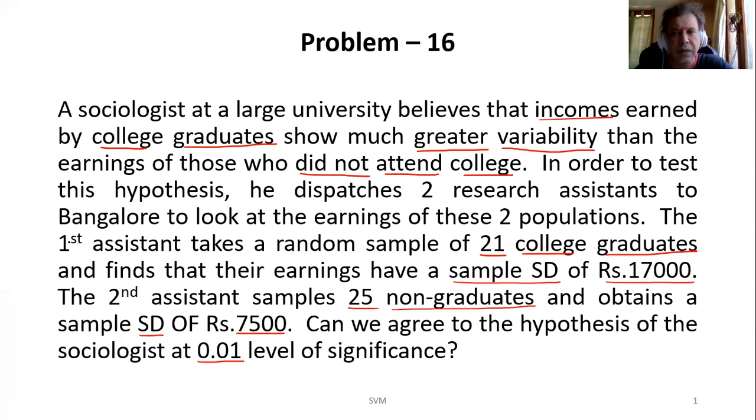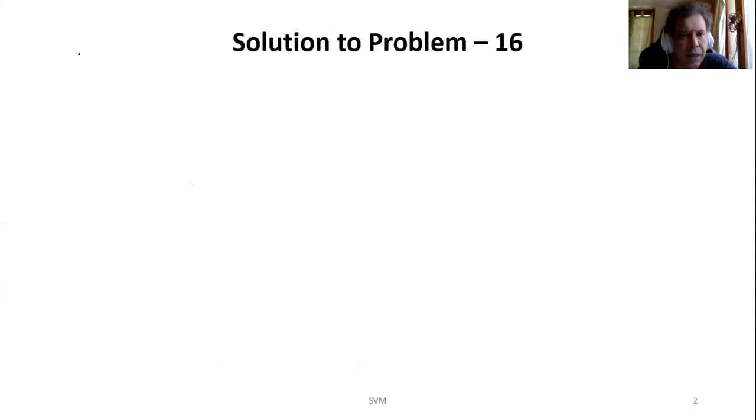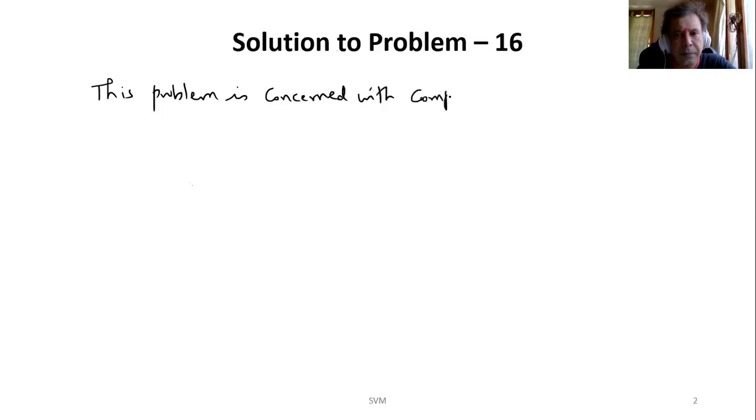So it talks about variability, or the variance, of two different populations. So I will say this problem is concerned with comparison of two population variances.